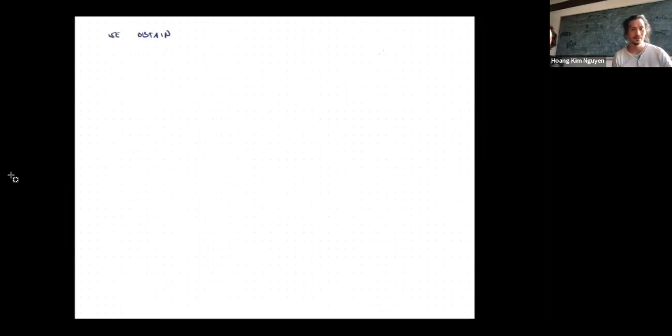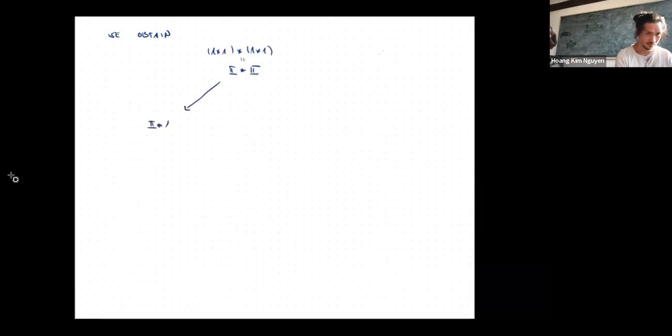So we obtain this sequence of joins, and this receives a map.